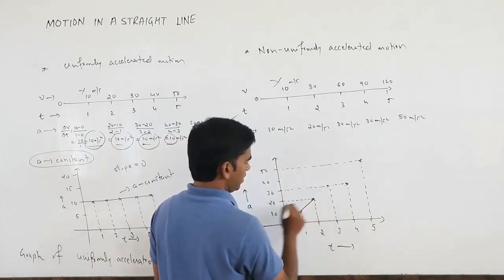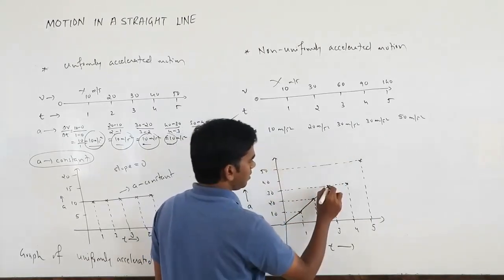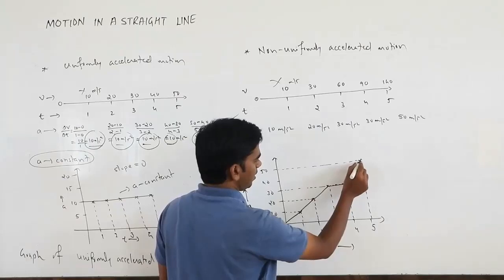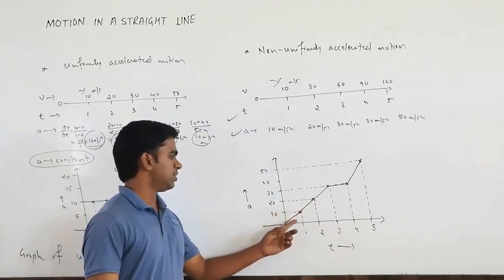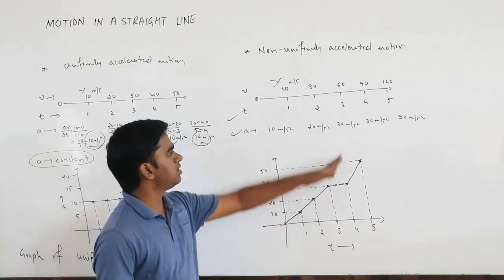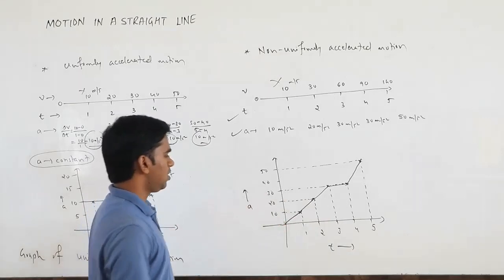Here it goes 10, 20, 30, then 30 remains the same, then it comes to 50. So acceleration is variable. Here it is 10, suddenly it becomes 30, suddenly it becomes 50. So acceleration is not constant.